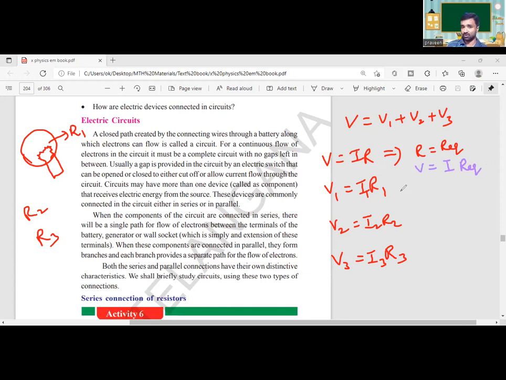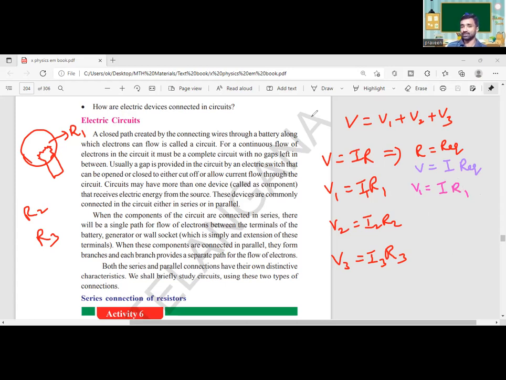Then through the individual bulbs, the voltage V1 is equal to I, the current passing through the bulb. The current is not divided, and the resistance is R1. So V1 equal to I R1.